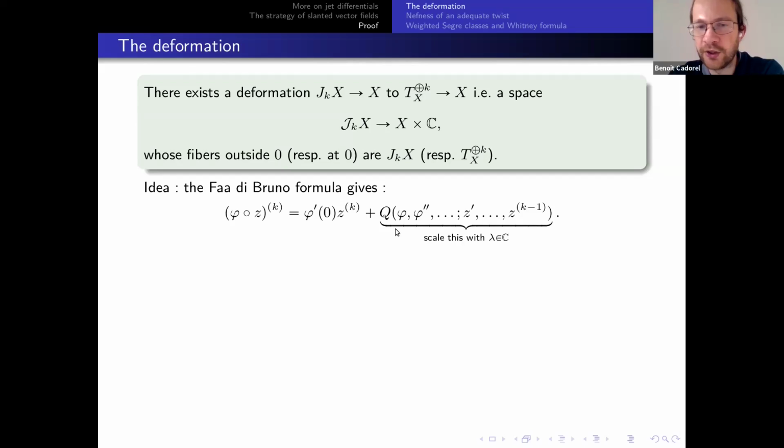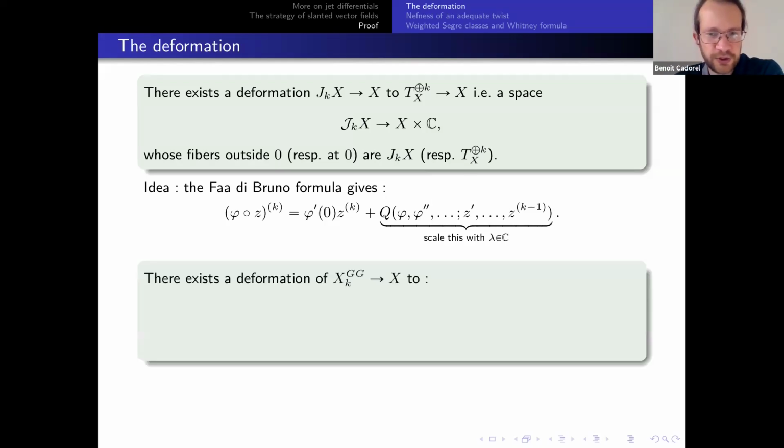And a nonlinear part, which depends on all the derivatives up to order k-1 of z, and the partial derivatives of this diffeomorphism phi. And so if you take a lambda in C, varying in the base here, you can scale this down and in the end get changes of coordinates which are exactly given by k Jacobian matrices, giving you this structure of k copies of the tangent bundle above X.